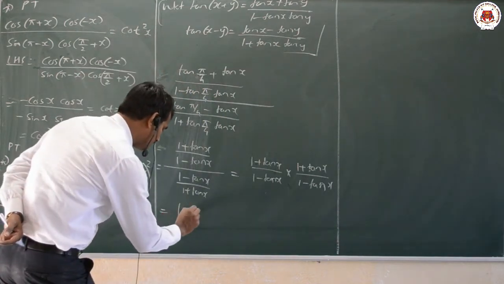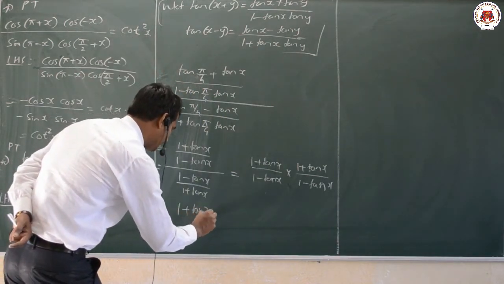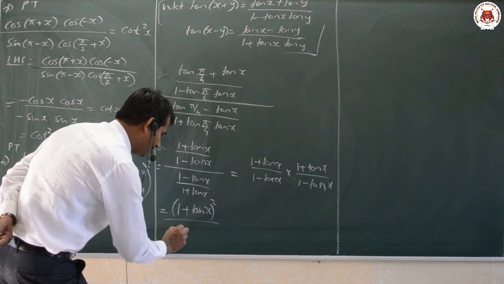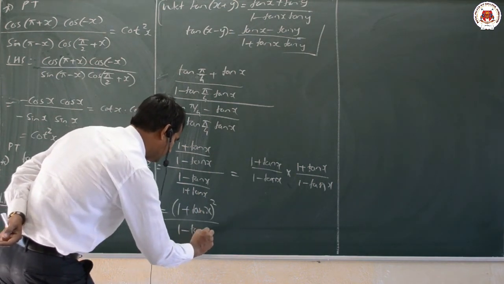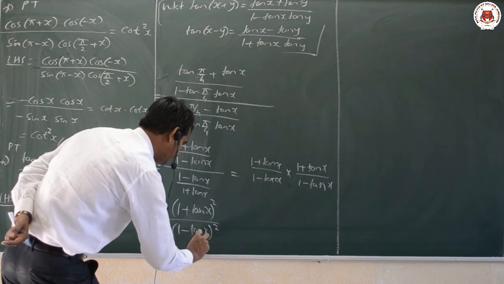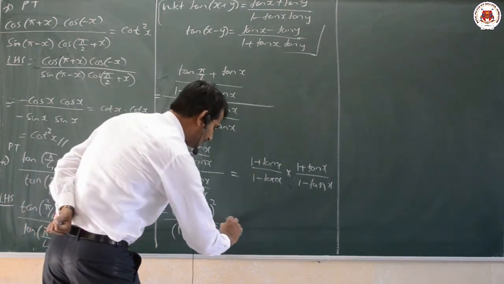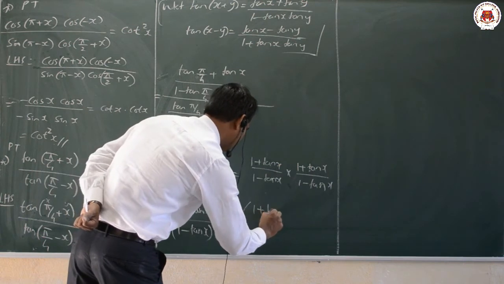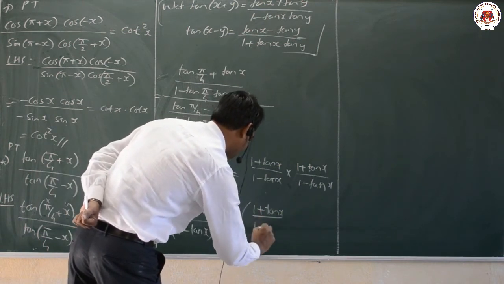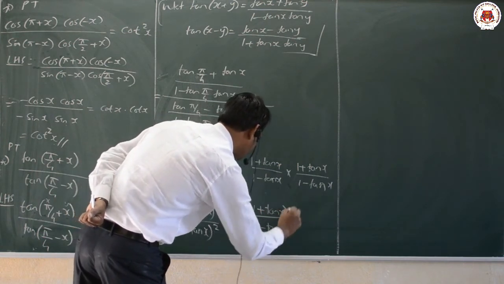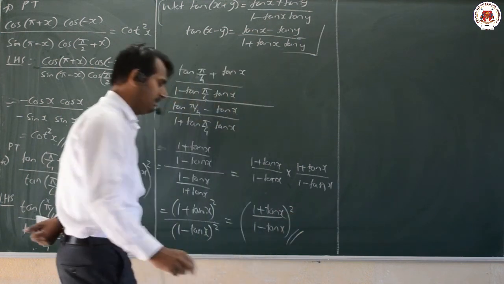So what we get is 1 plus tan x whole square divided by 1 minus tan x whole square. That is your required result here.